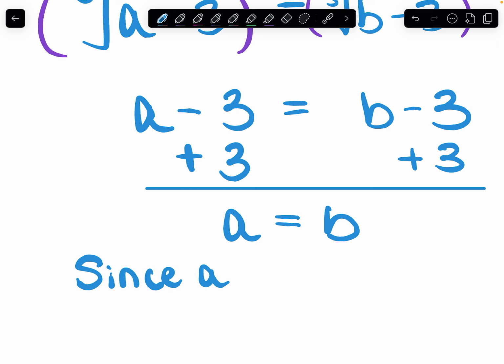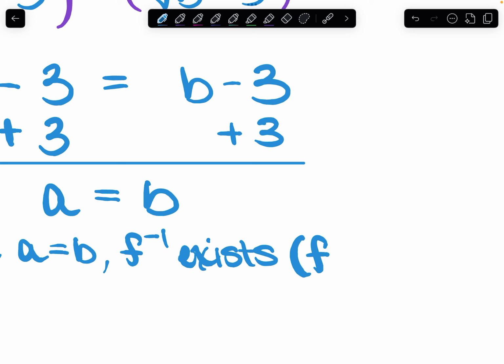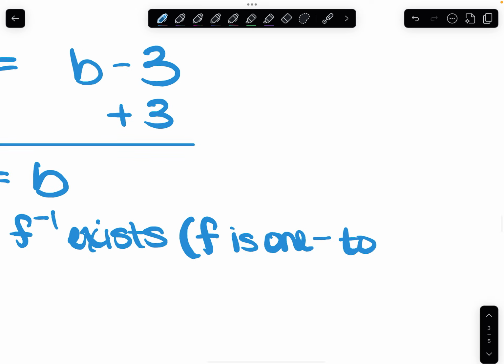Since a equals b, f negative 1 exists. So what that means is we can find it. It also could be that f is one-to-one. All right, so the function is one-to-one, therefore its inverse exists.